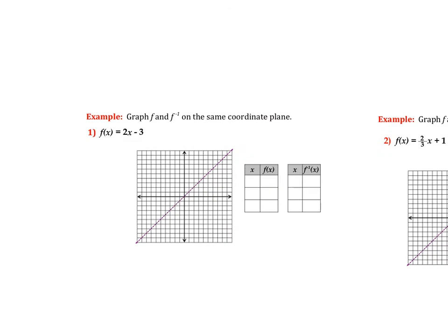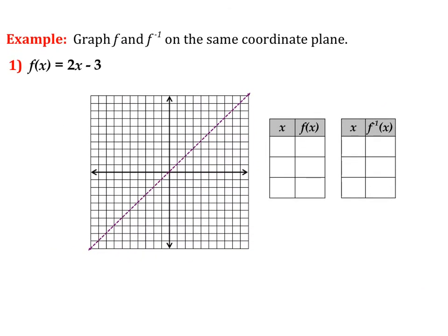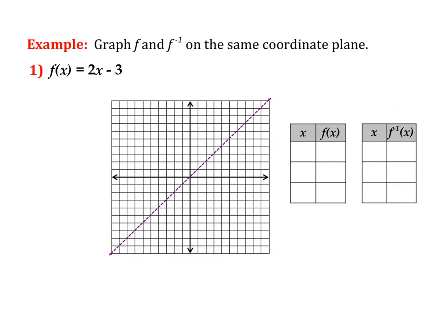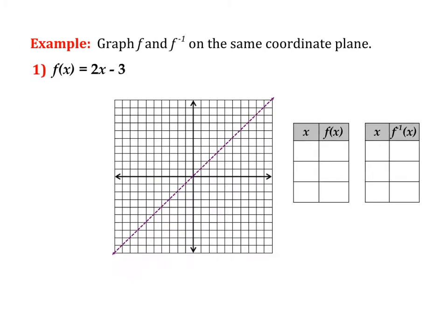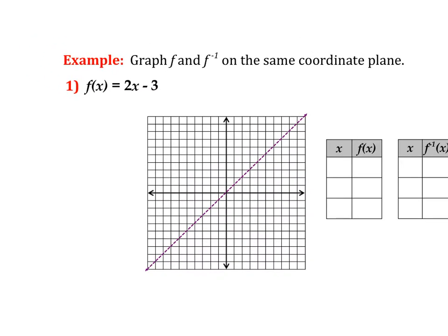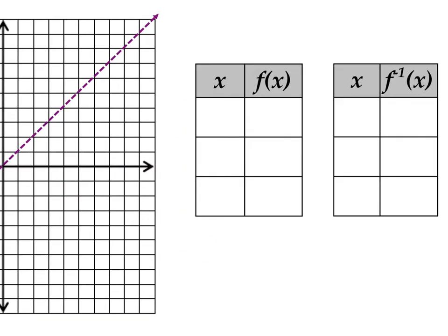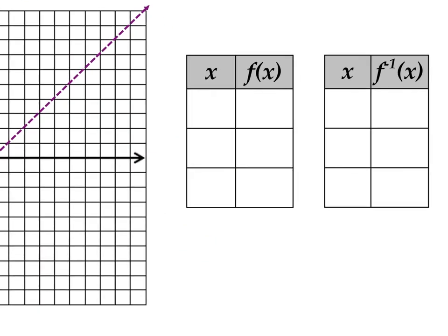All right, so let's see an example here. I want to graph f and the inverse on the same coordinate plane. All right, so my function is going to be 2x minus 3, and judging by the table, I just need 3 values. I'm going to go simple here, and easy numbers for me to use are just going to be 0, 1, and 2. If I don't have to think hard, I'm not going to.